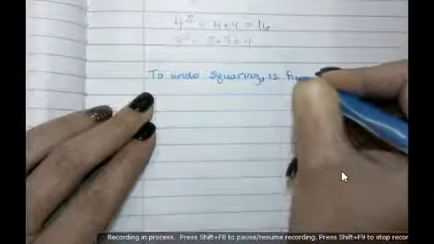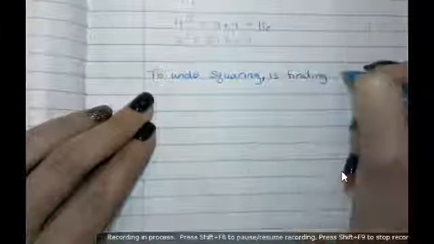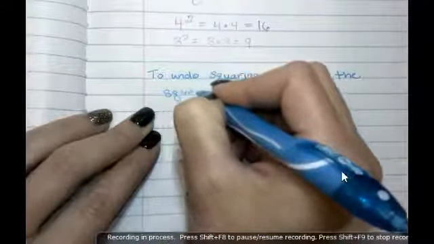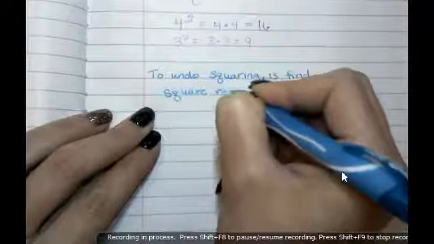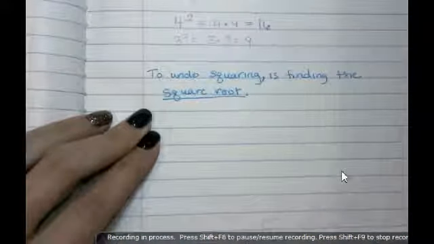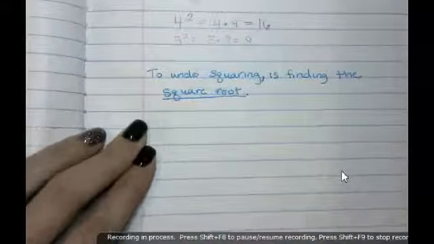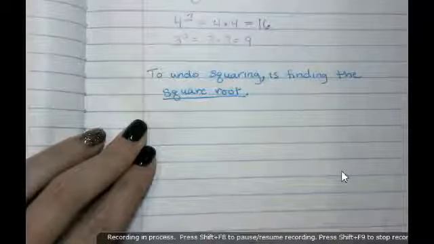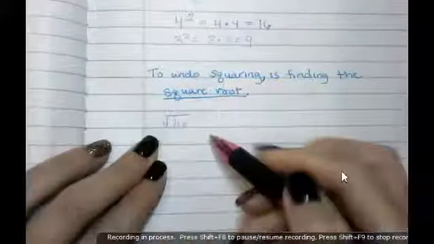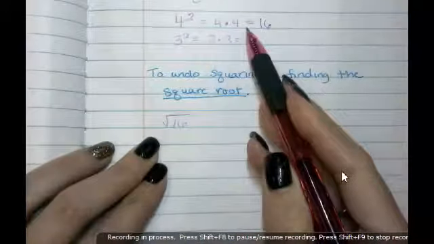To undo squaring is finding the square root. So, for example, the square root of 16 is the opposite of what we did up here.